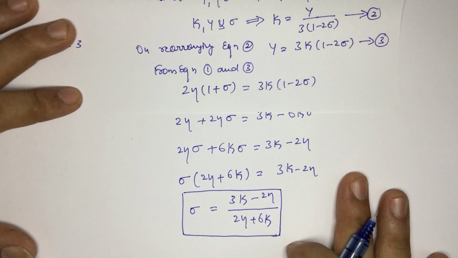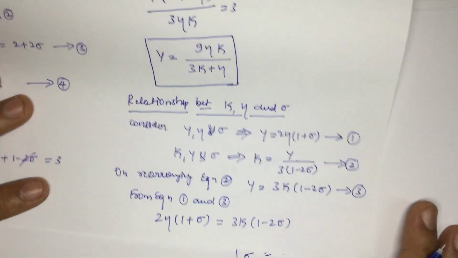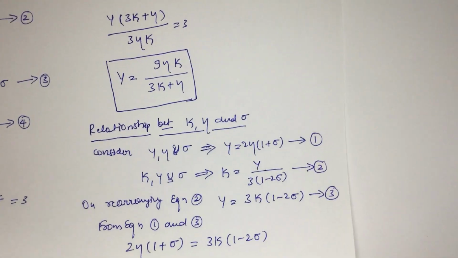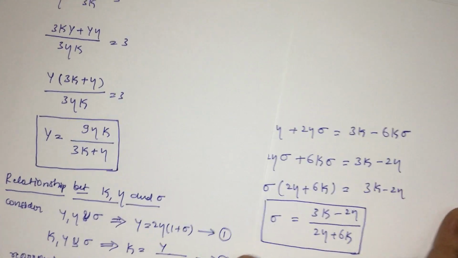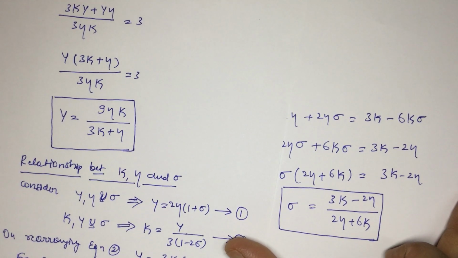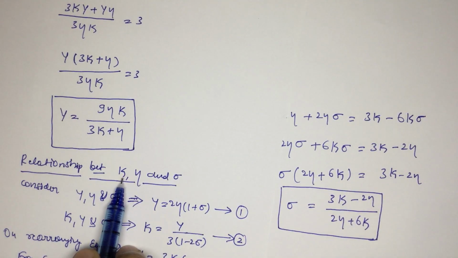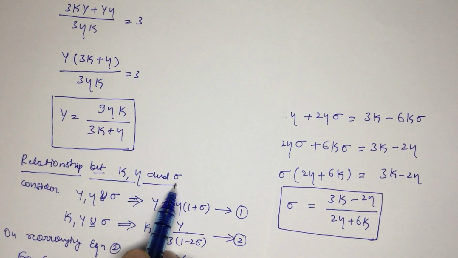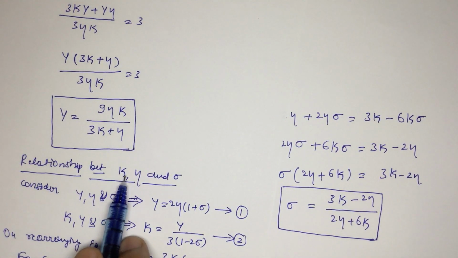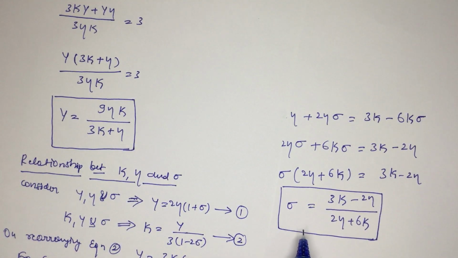This is the relationship between k, eta, sigma, that is, Poisson's ratio in terms of bulk modulus and rigidity modulus. So these are the two relationships.